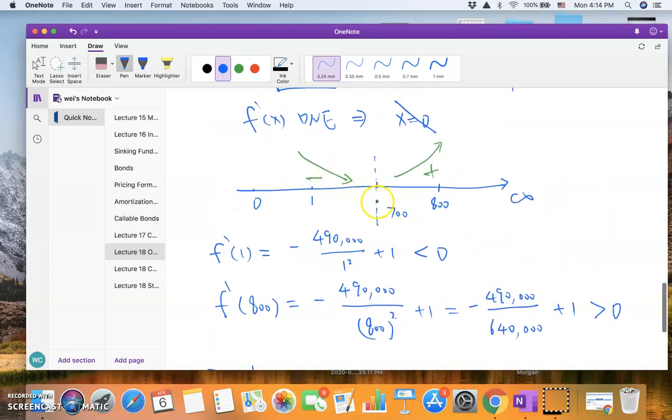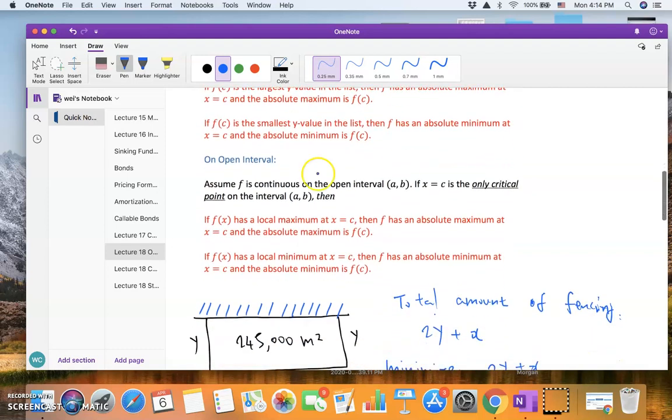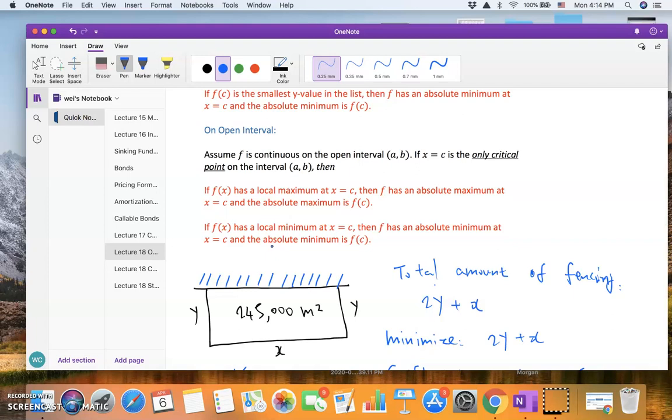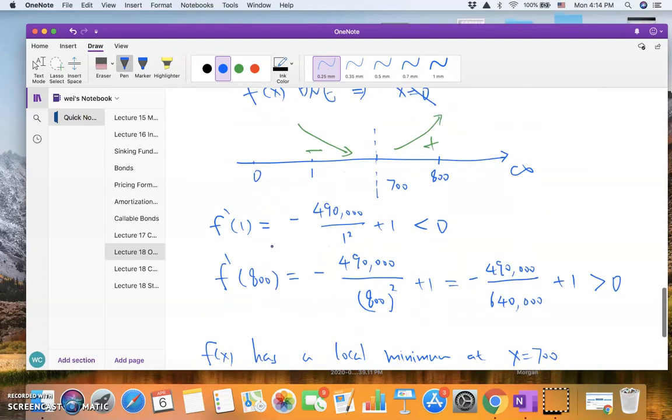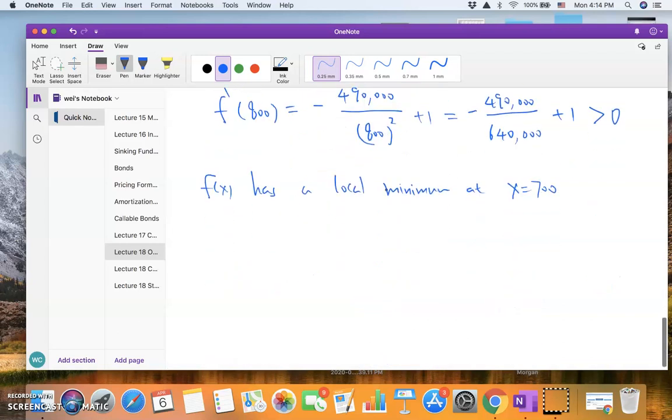And because 700 is the only critical point between 0 and infinity, according to the second method, we can see that the function has an absolute minimum. The function has an absolute minimum at x equals 700.